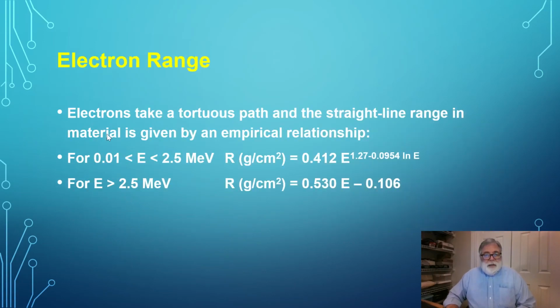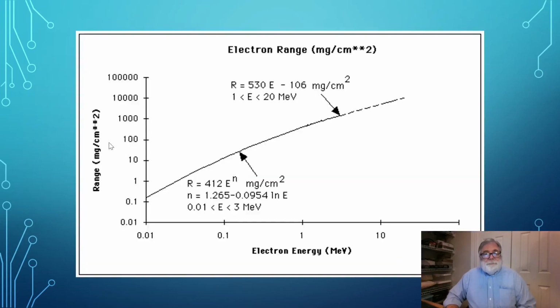And so we had a formula that we learned for a monoenergetic electron range. So for energy, the range for a monoenergetic electron is given by these formulas. And so we would use Emax to determine the range that we're interested in if we're trying to shield out beta particles. And this is a graph showing those formulas over their different regimes where they're applicable and showing that they match up nicely.